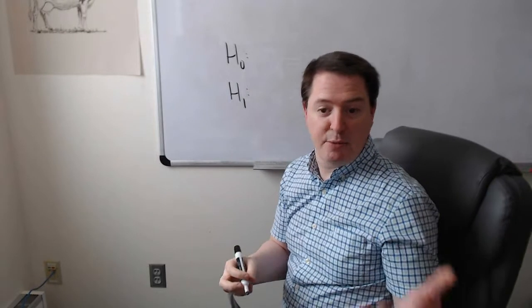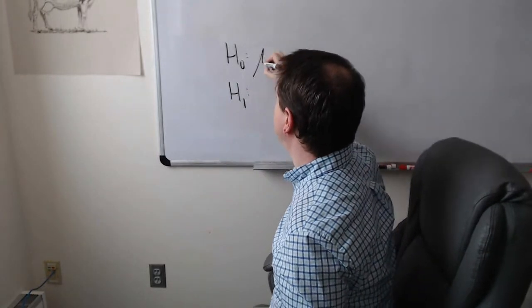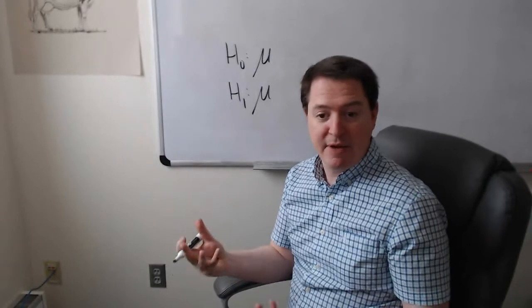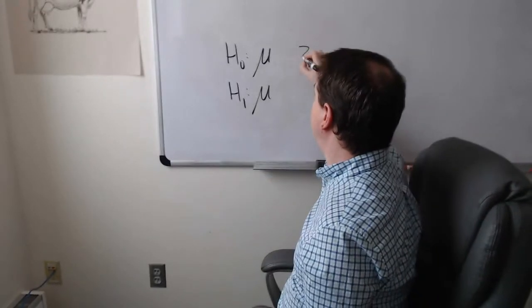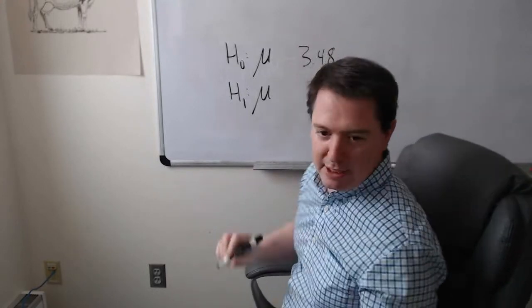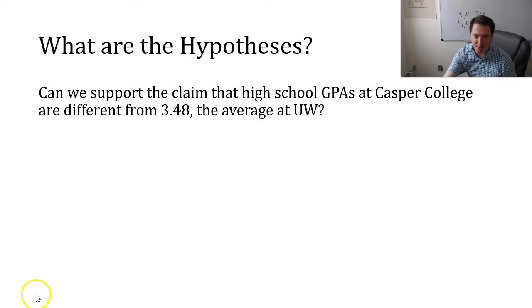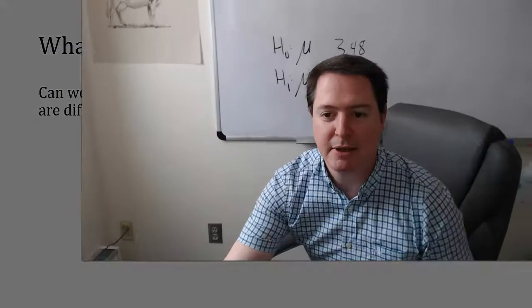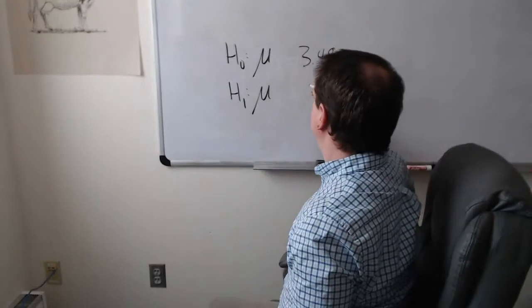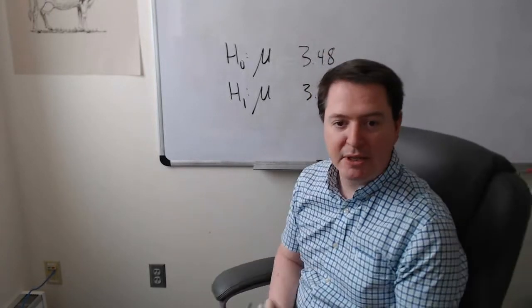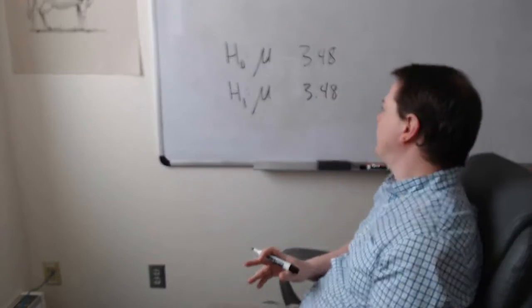It directly said we're looking at a mean, so I know what symbol I should be using here. It gives us the baseline value that I want to be looking at, 3.48, I think. Yes, 3.48. And we're asked, can we support the claim that it's different from that?